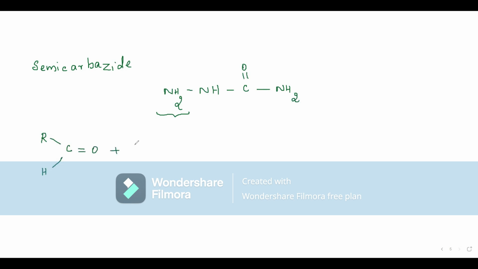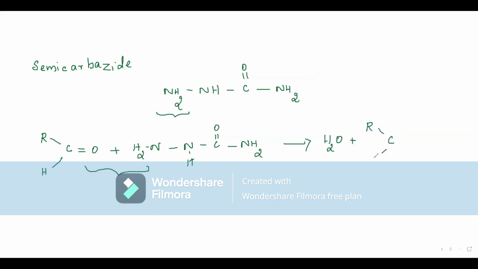So let us take an aldehyde, RCHO. Treat this with NH2, NH, C double bond O, NH2. Also note down which is the hydrogen that we are removing. We are not removing that hydrogen of N which is closer to the carbon. We are removing hydrogen of N which is away from carbon. Okay, so a molecule of water is removed.